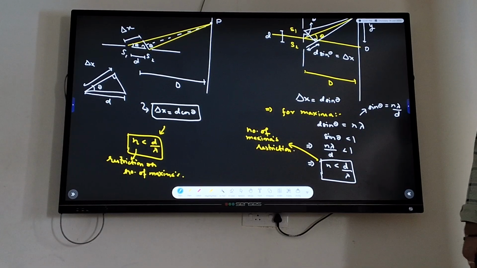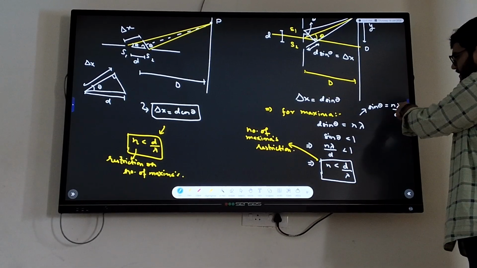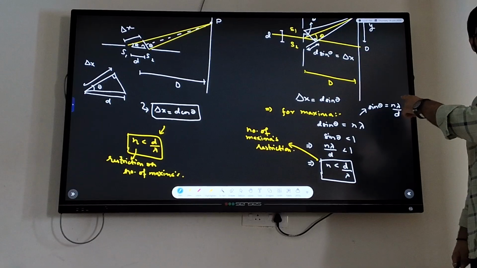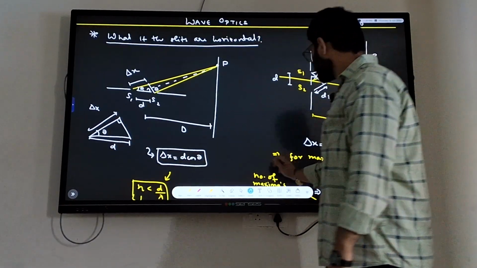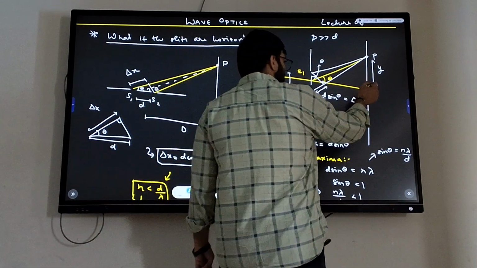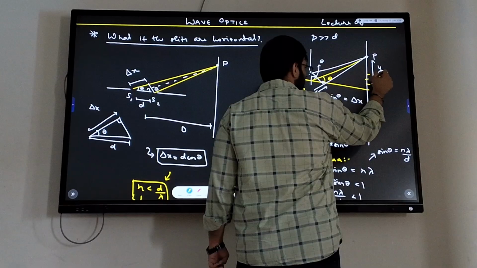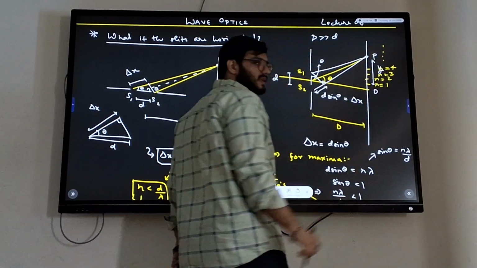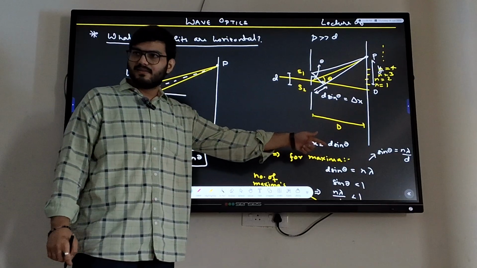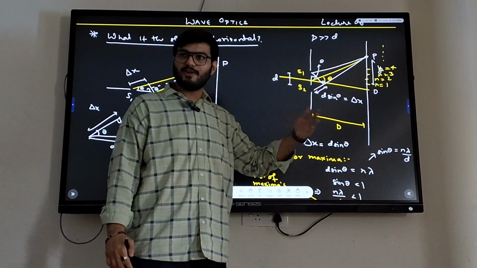It's an increasing function from 0 to 90 degrees. If this is an increasing function, that means n is also an increasing value. That's why we say, as you keep on going away from the theta equal to 0 position, your n value actually increases. Because it depends on sine theta, and sine theta is an increasing function, so n is also an increasing value.